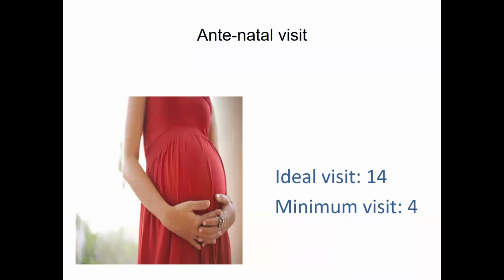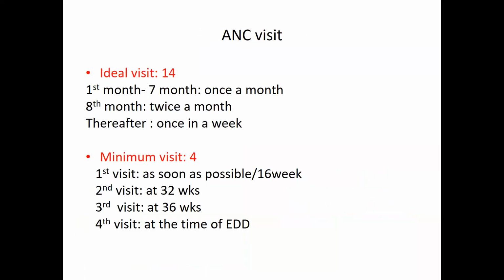In Bangladesh, it was 3, but now we have at least developed a little. Now it is 4. What are the 14 visits? So the first month, and then in the first to seventh month, once a month, and then the 8th month is twice a month, and thereafter once a week.